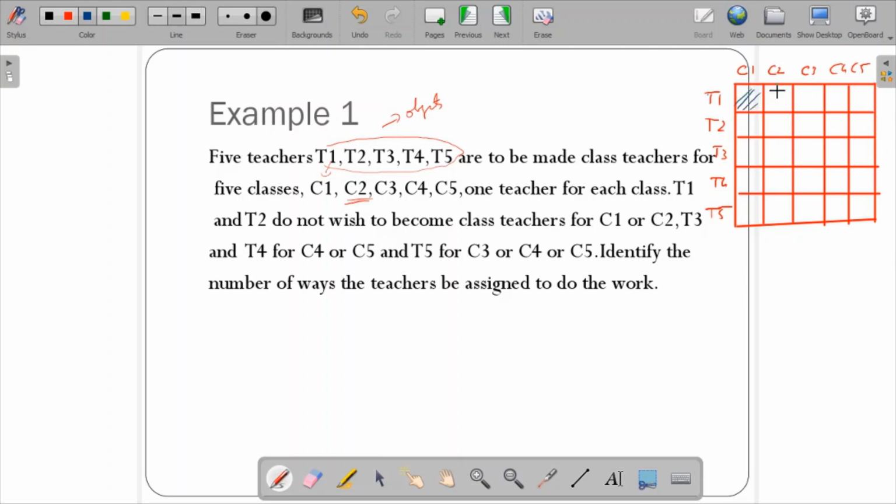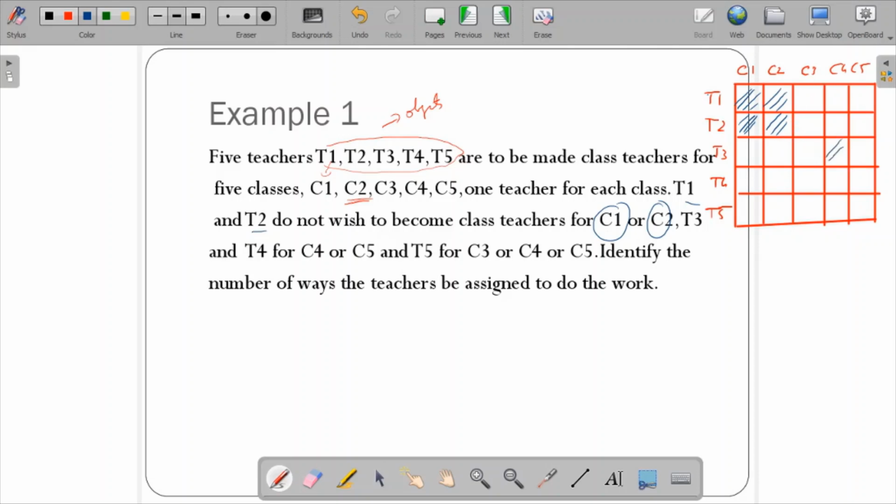So T3 and T4 do not wish to be class teachers for C4 or C5.